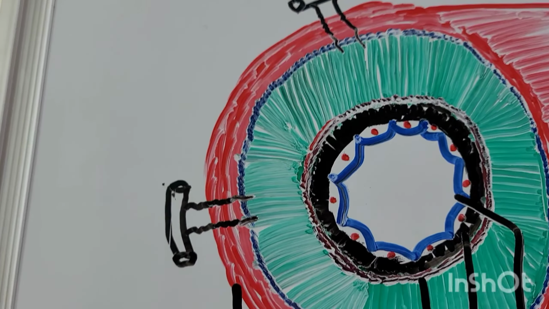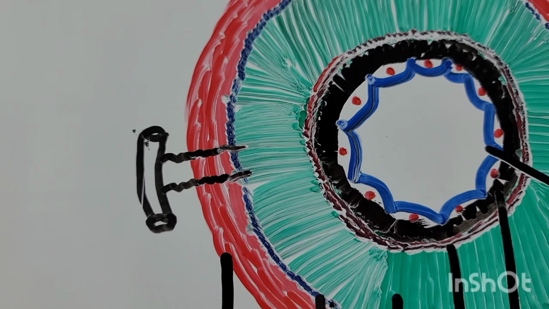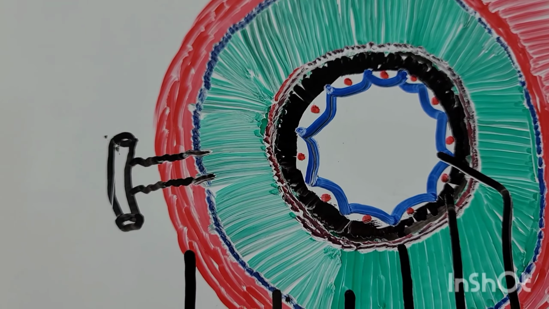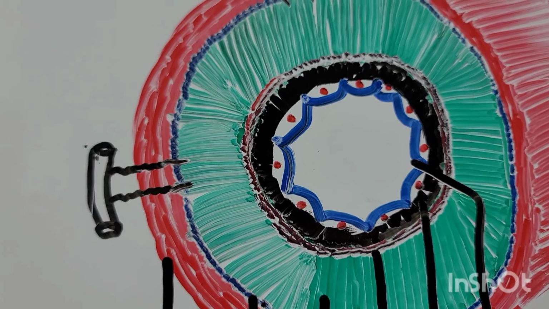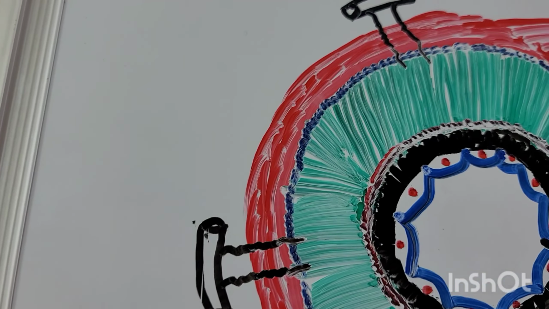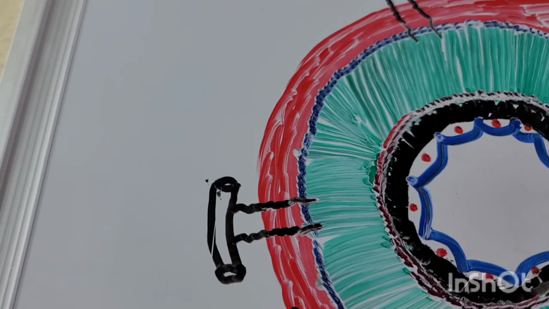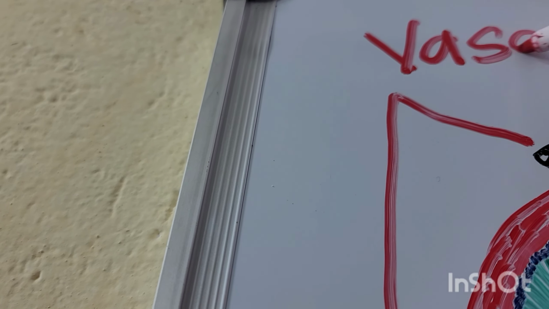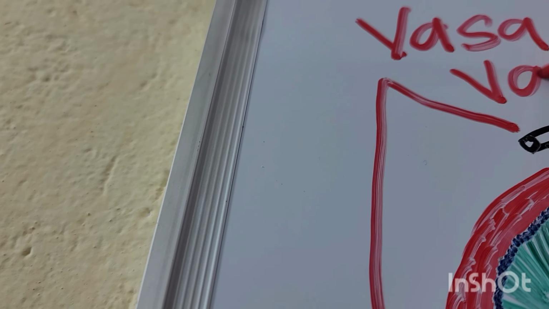So we also have these blood vessels which are serving blood to the tunica externa and the outer layers of the tunica media. These beautiful blood vessels here are what we call the vasa vasorum.